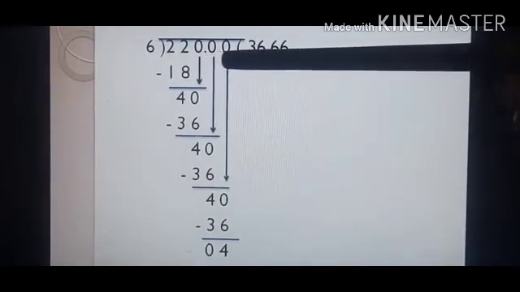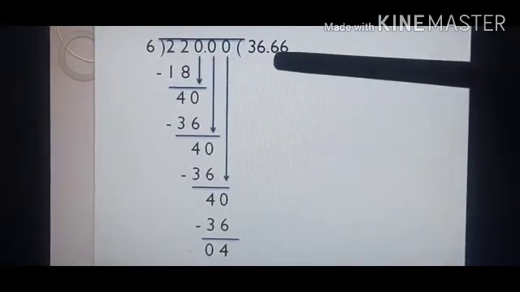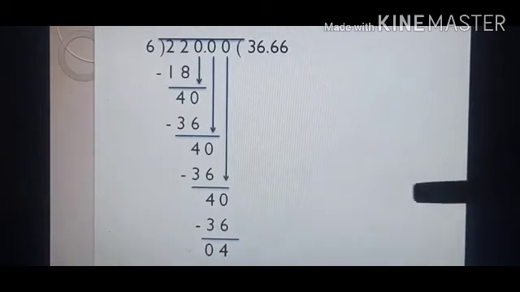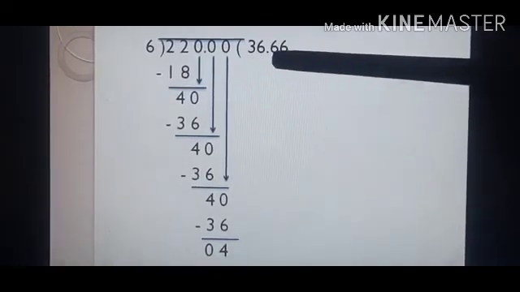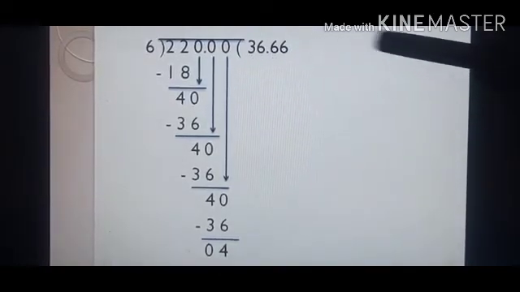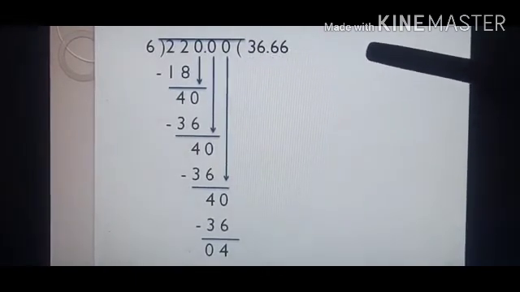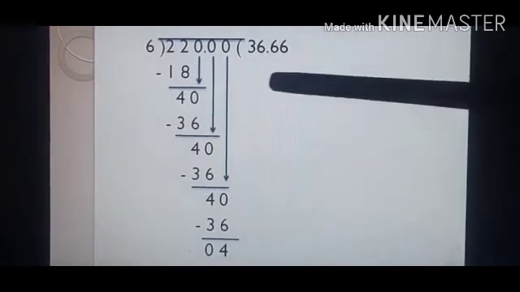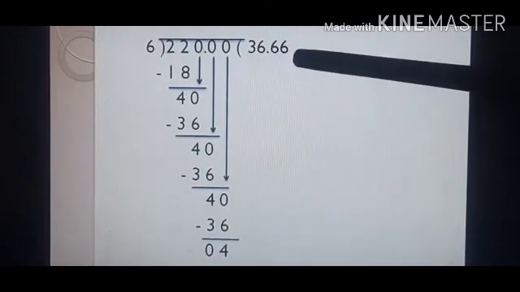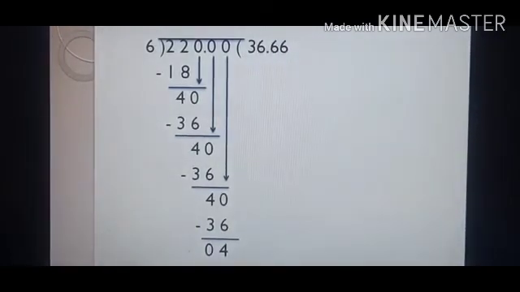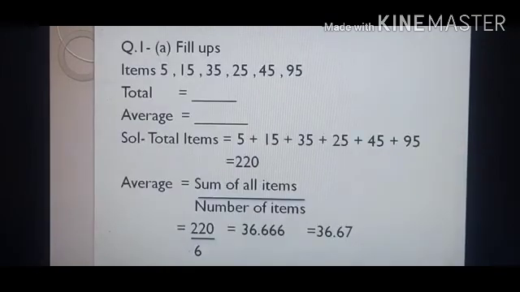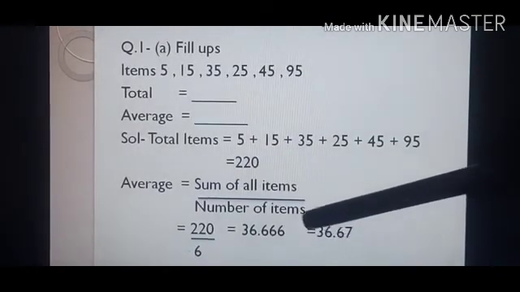After decimal, we have taken 2 places. So put here ones, tens and now decimal here. So 36 decimal 6 6. Next will also be 6. It is 36 decimal 6 6 6 6 6. So we can write down it 36 decimal 6 7. So come back to our question.